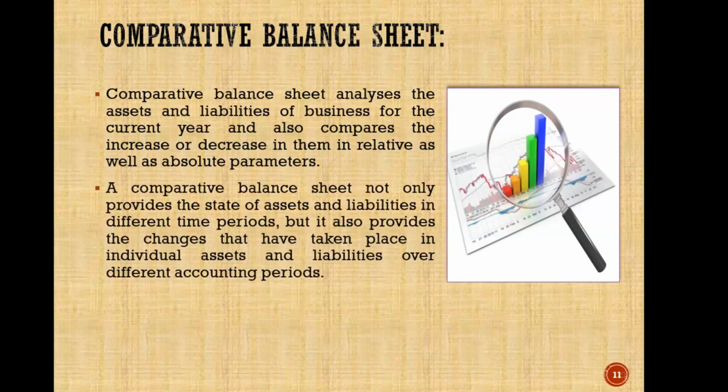A comparative balance sheet not only provides the state of assets and liabilities in different time periods, but it also provides the changes that have taken place in individual assets and liabilities over different accounting periods.